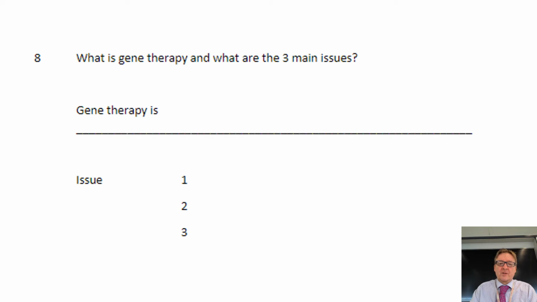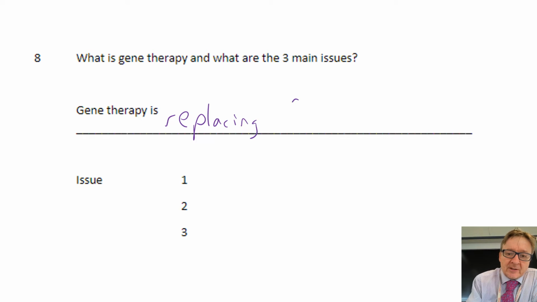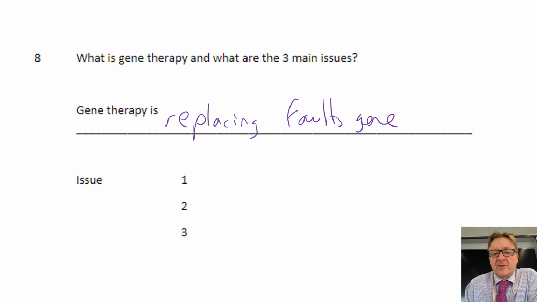Question number 8. What is gene therapy and what are the three main issues? Gene therapy is replacing a faulty gene. Now if you imagine you've got trillions and trillions of cells in your body, to actually replace a gene within is incredibly difficult.